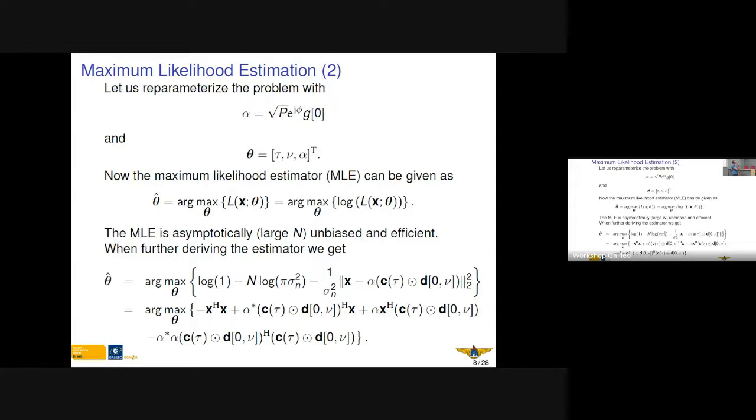Efficient means that this estimator attains the Cramér-Rao lower bound for this problem. We could also calculate one of these bounds for this problem.